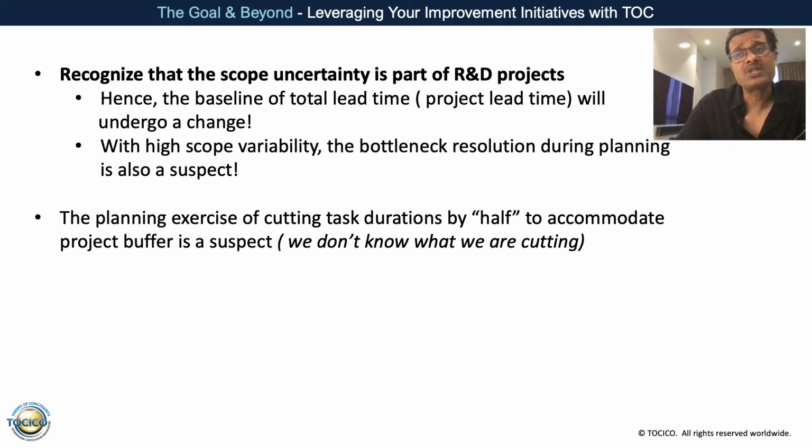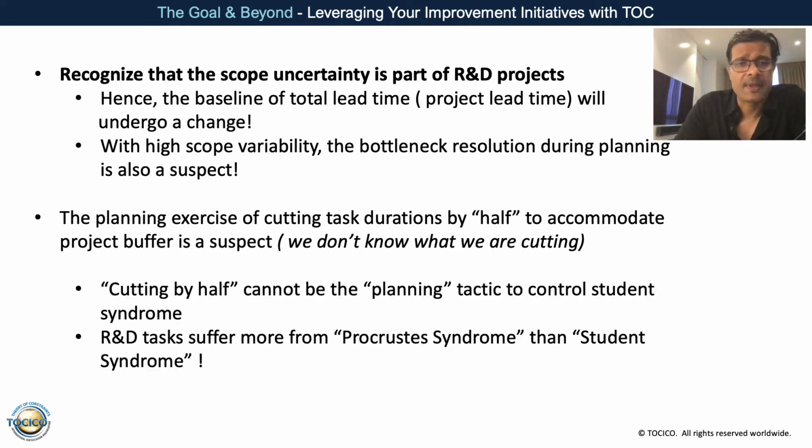Or if the duration is too high, you have the impact of work expansion behavior, which is called student syndrome or the Parkinson's effect, right? So that's why the entire idea of taking a task and cutting it by half doesn't play out, because you don't know what you are really cutting.